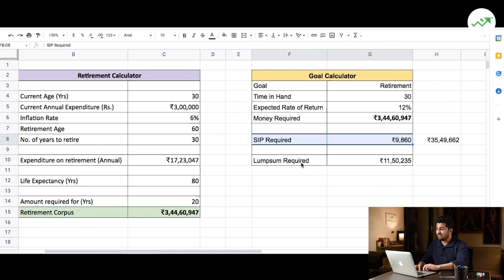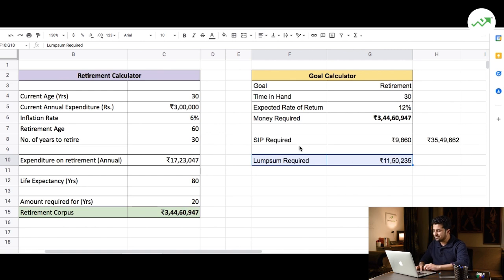On the other hand, if let's say you have a lump sum today, you get 11,50,000 from somewhere, you put all of it into a place that could generate 12% return for you, that could become 3.5 crore rupees. So you don't have to worry about anything. Just put 12 lakh rupees today and let it sit to become your retirement corpus.